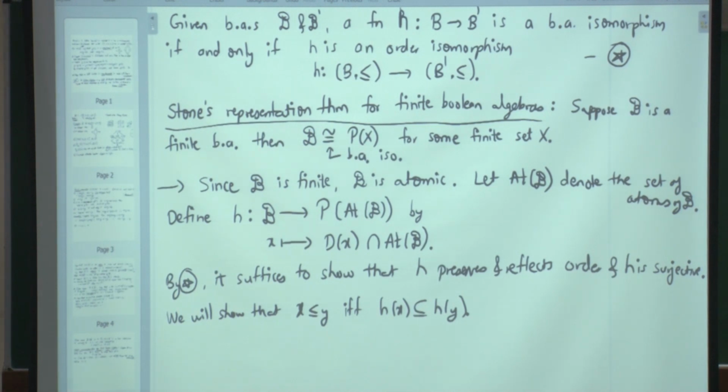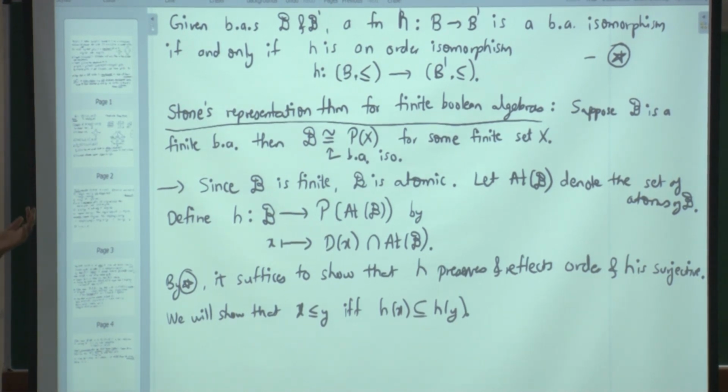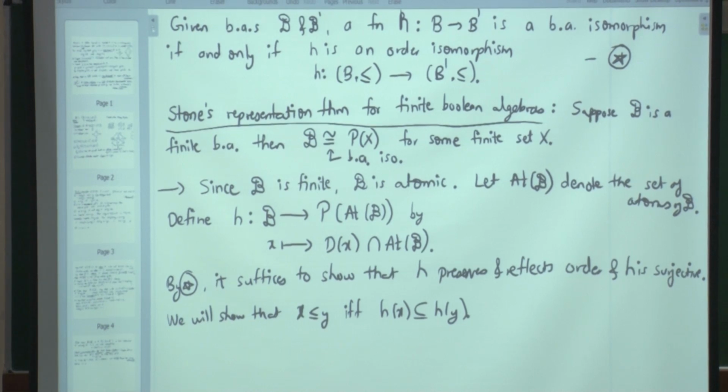Because the order on the right hand side in the power set is containment, and that we will do on the next day. It's an easy proof from here. Let's stop for now.